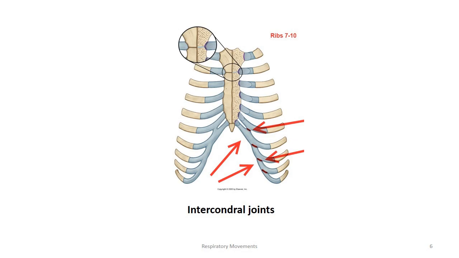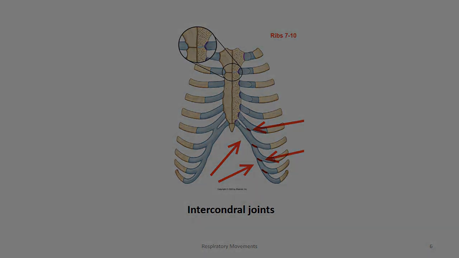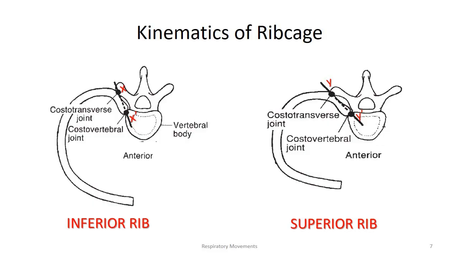Before understanding the respiratory movements, you must learn the kinematics of the rib cage. See on your right side, you can see the superior ribs. The axis of the superior rib is Y and Y dash, which passes through the costotransverse joint, that is Y, and costovertebral joint, that is Y dash.